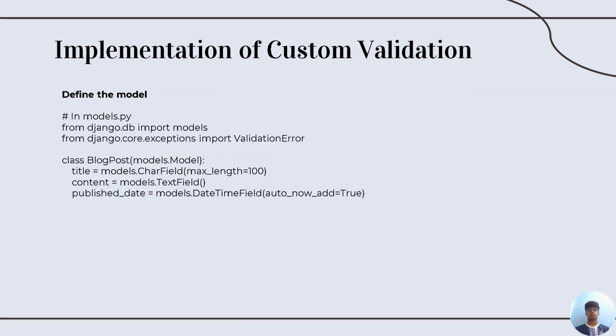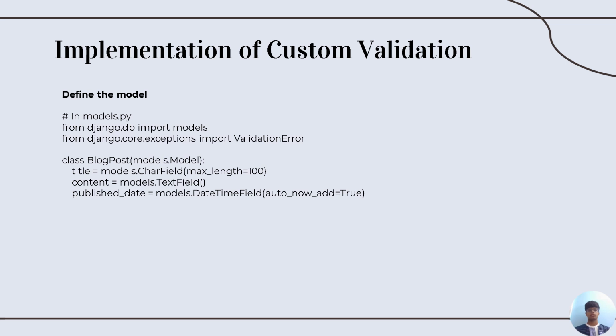Implementation of custom validation. First we define the model. From django we import models, then from django.core.exceptions we import ValidationError. Then we define a class consisting of title, content and published date.